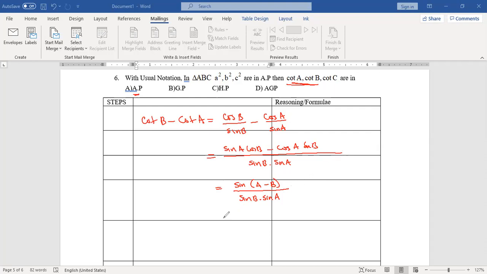Now look at the next step. Whenever I come across sine of A minus B, I'll multiply numerator and denominator by sine of A plus B. This is a fixed idea.